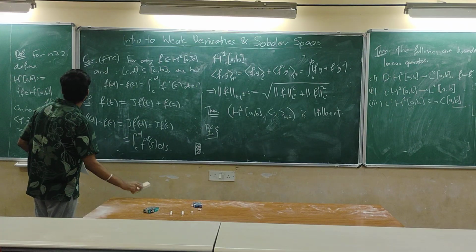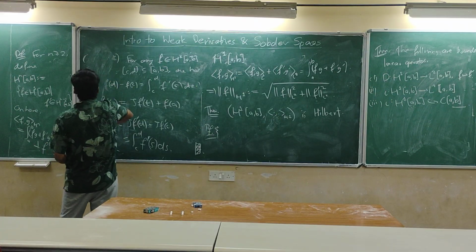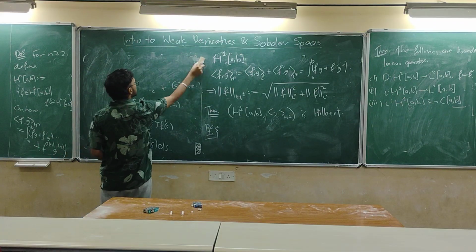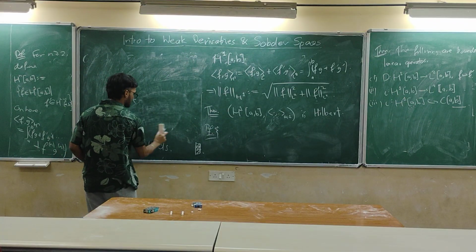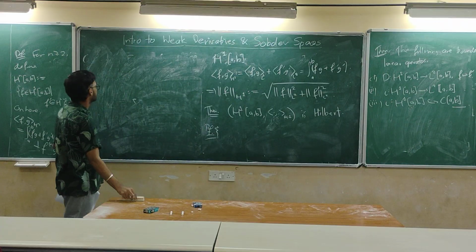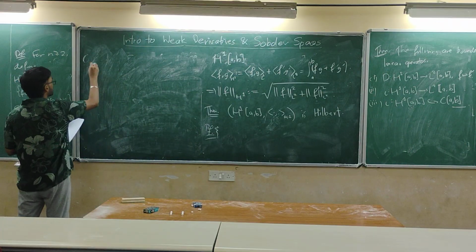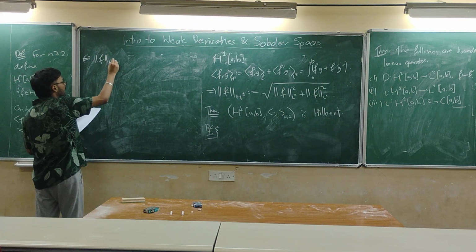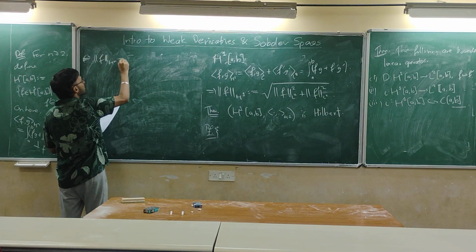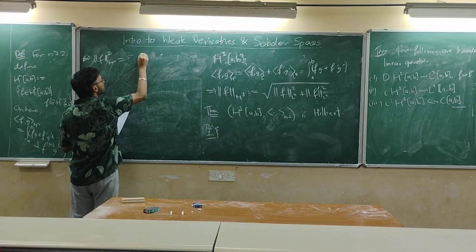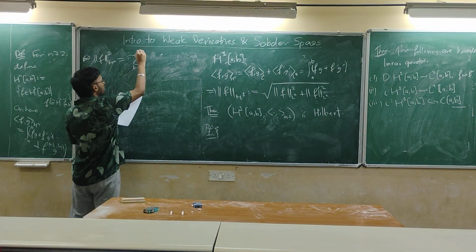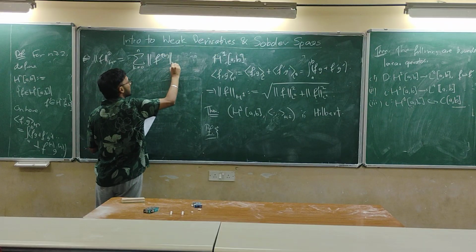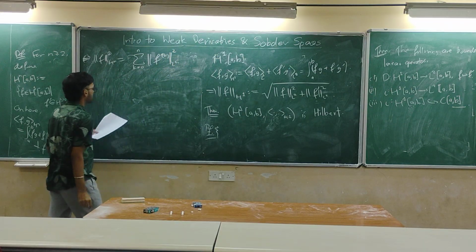And this induces the norm, defined as the square root of the sum from k equals 0 to n of the kth derivative's L squared norm squared.